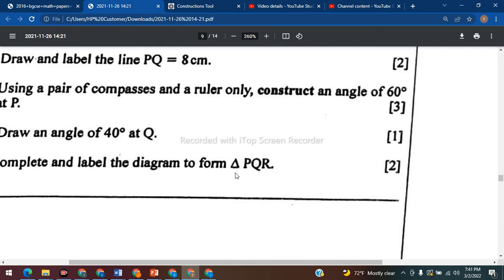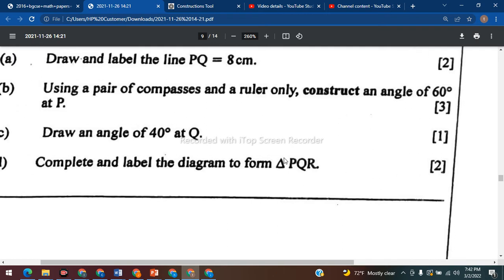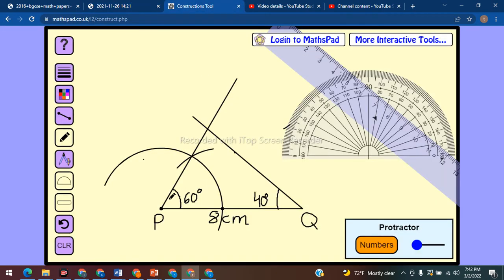It's a triangle, so that means we have to construct a triangle, and they said we have to label it P, Q, R. We already have P, we already have Q. So which one will be R? The top point. Very good. So this is R. So P, Q, R.